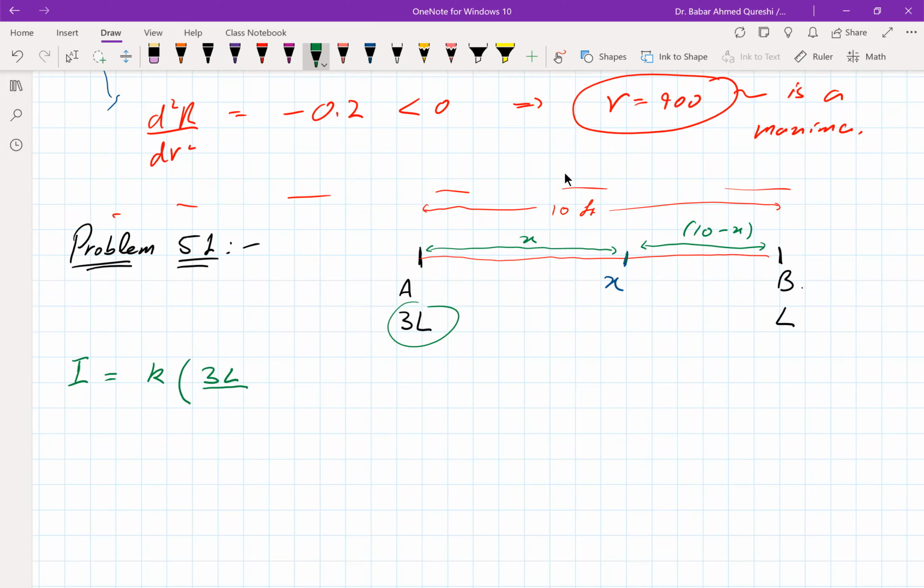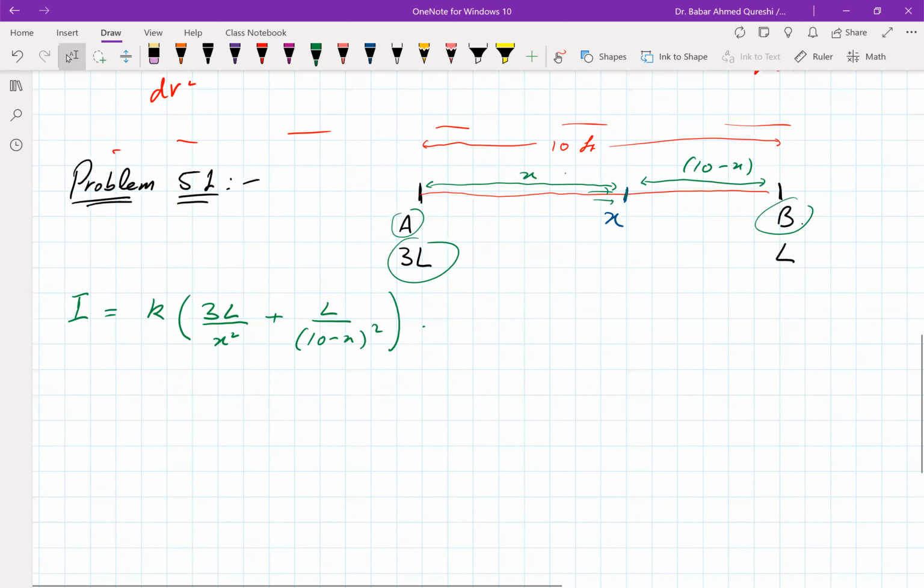So the intensity over here, because of the light coming from source A, is 3L divided by x squared. And because of light source B, you will get L over (10 minus x) whole squared. Now, all you need to do is find an extrema of this. So compute the derivative.